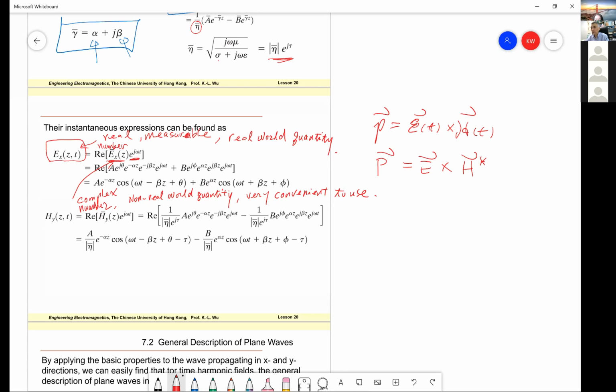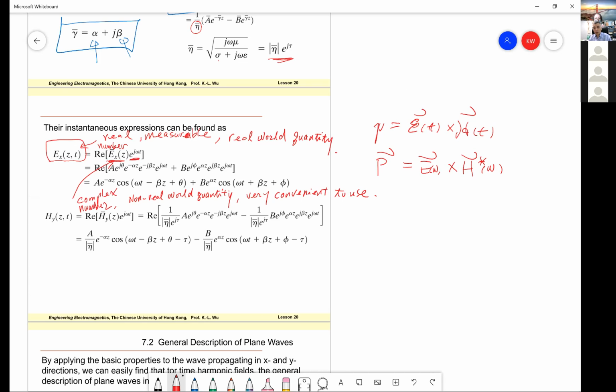But in phasor, we justify this is a function of frequency. We justified yesterday this is a complex conjugate, right? So for the Poynting vector, phasor is only for convenience.